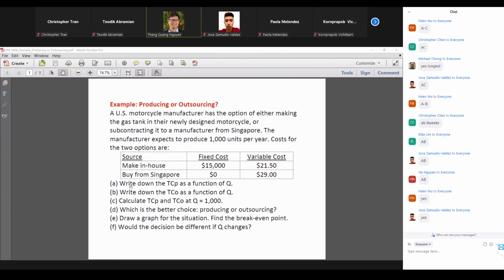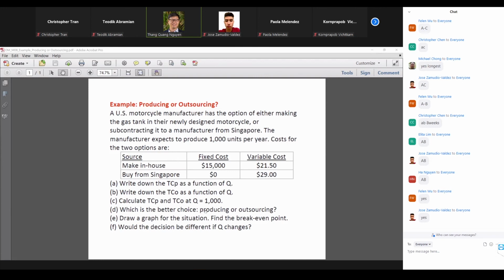So in part A, we write out the total cost of production. In part B, we write out the total cost of outsourcing. And then we calculate the total cost of production and outsourcing with the quantity of 1,000 gas tanks, right? And in D, we look at the answer in C and see which one is a better option.